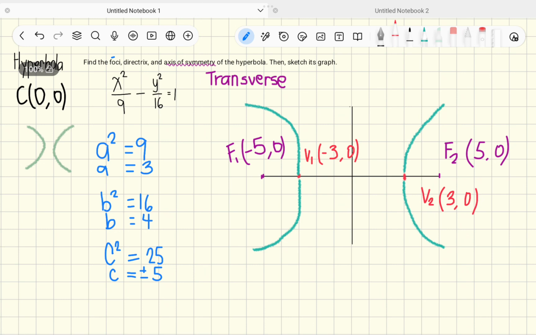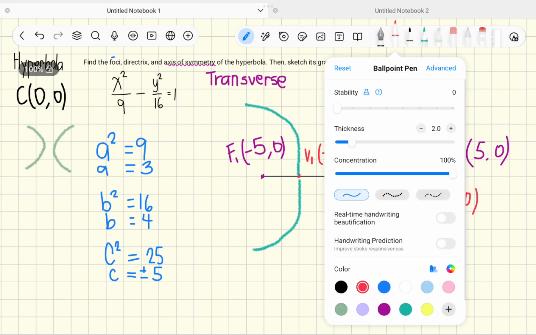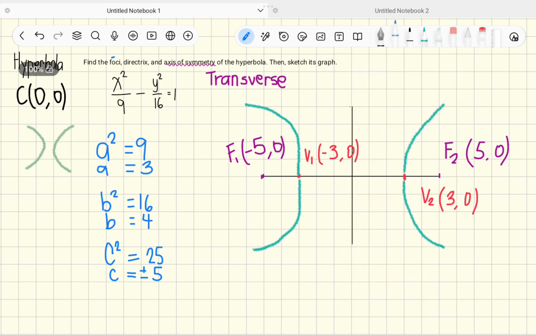Alright? Now, where will the directrix be? The directrix is said to be the line that is defined.